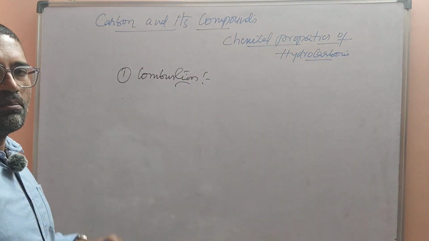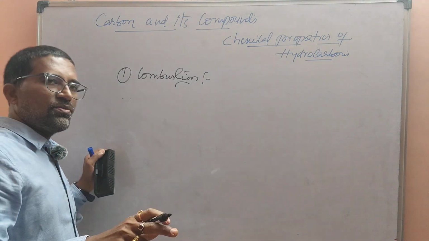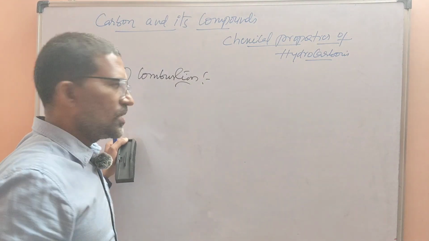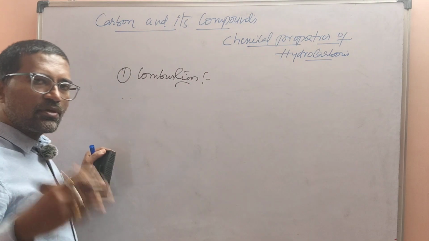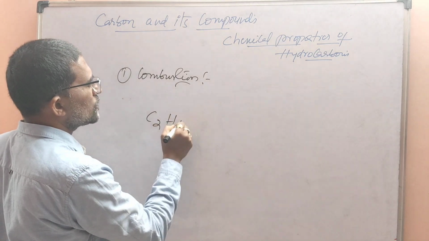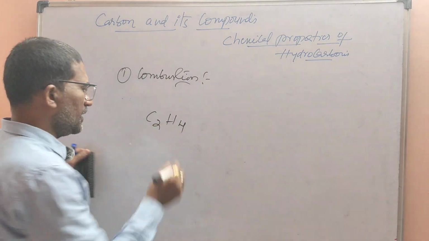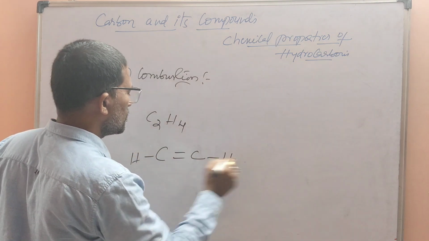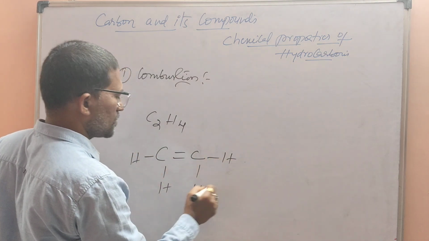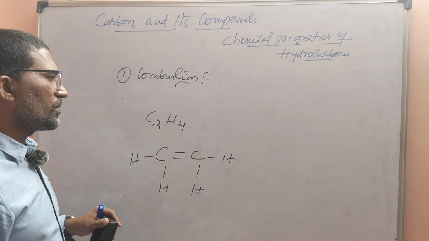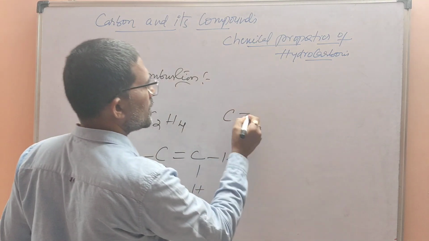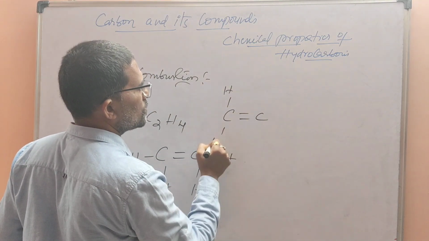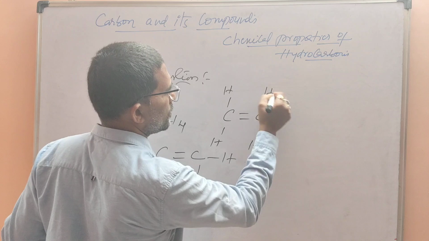Next, after explanation of this basic concept, I will go to the comparison of combustion of saturated and unsaturated hydrocarbons. Now I will take one more example related to unsaturated hydrocarbon, C2H4, which is called ethene. I will write C double bond C with four hydrogens, in whatever way you would like to write.